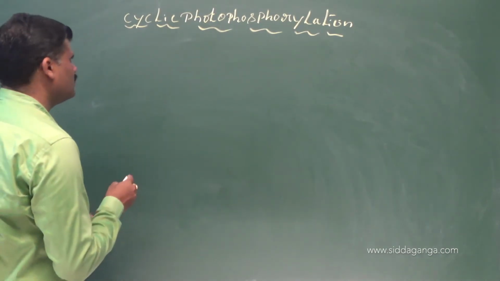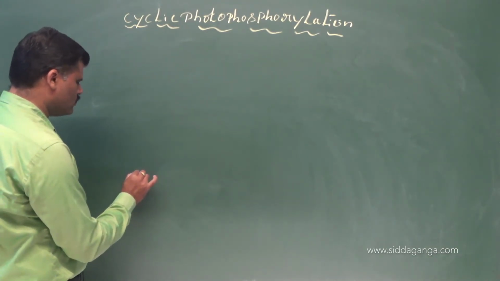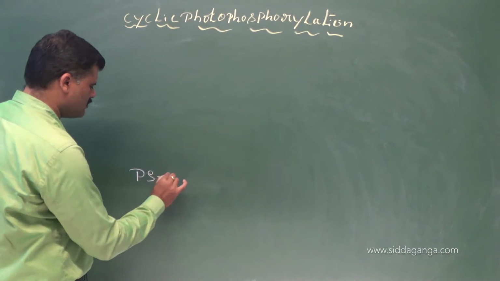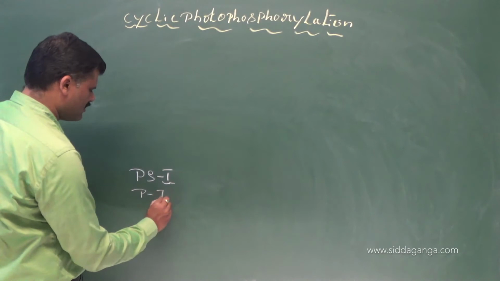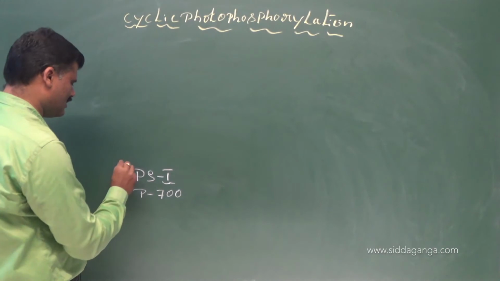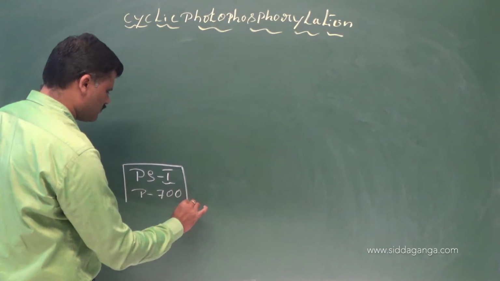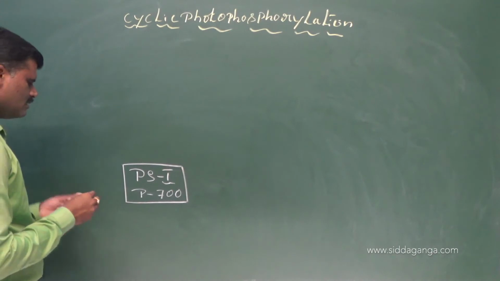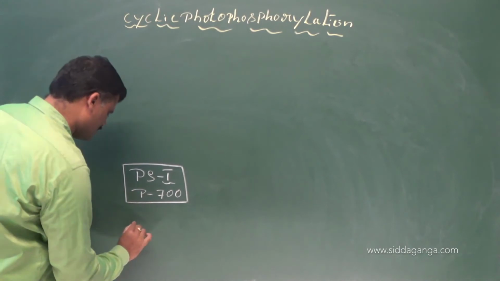So in cyclic photophosphorylation, what happens? The photosystem first, PS I, with P700 chlorophyll A as the reaction center, is involved. It absorbs the sunlight energy.